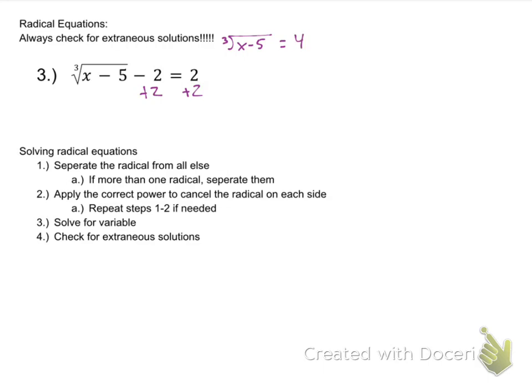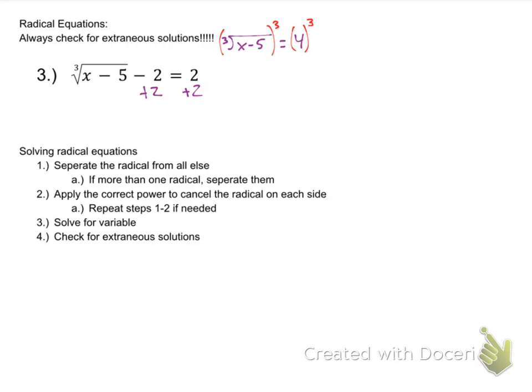And now, do I have my radical isolated? Yes. How do I get rid of a cubed root? Cube both sides. Bring it to the third power. Does everybody see that the third power will cancel a cubed root?